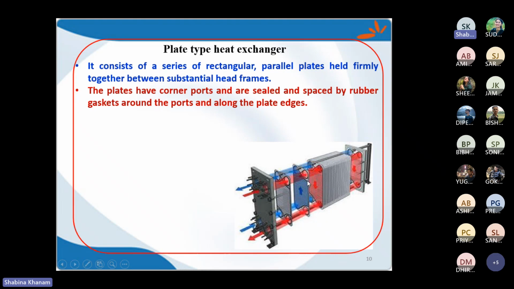Here I'm having the black lines like this. So this black line is nothing but the gasket. Another black line is available over here, which moves from here to here and then moves from here to here. So if you observe this particular plate, here I'm having the black line like this.